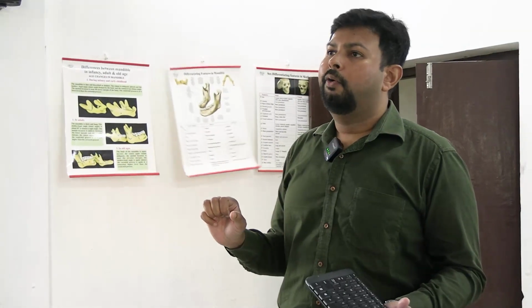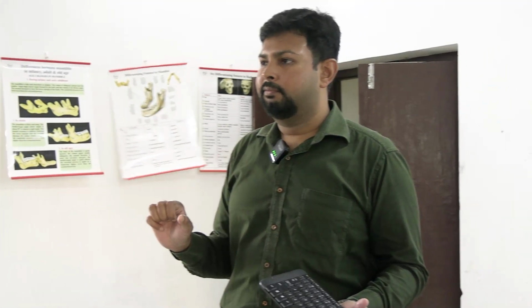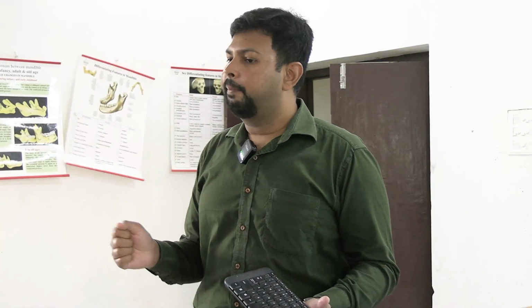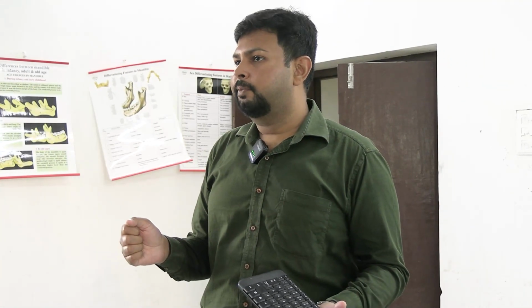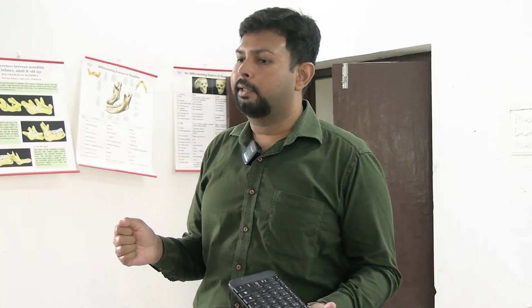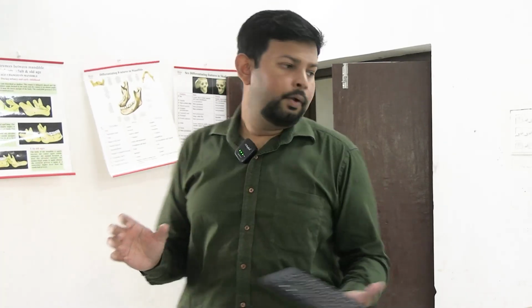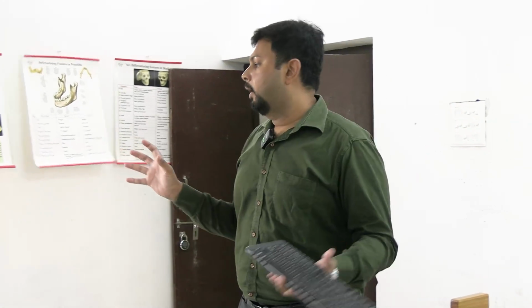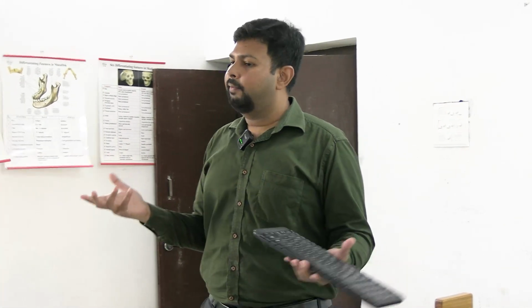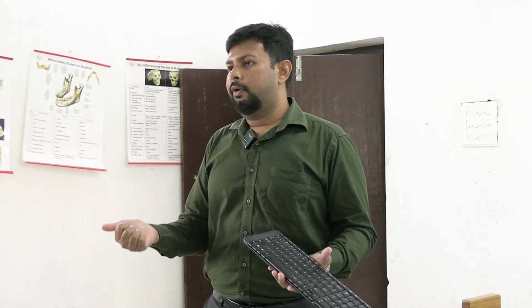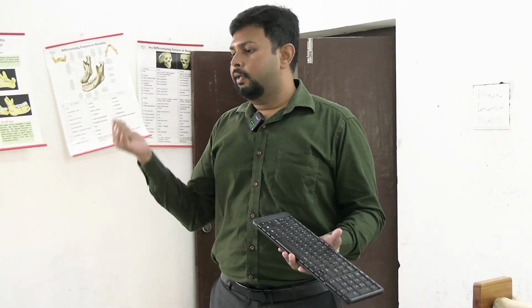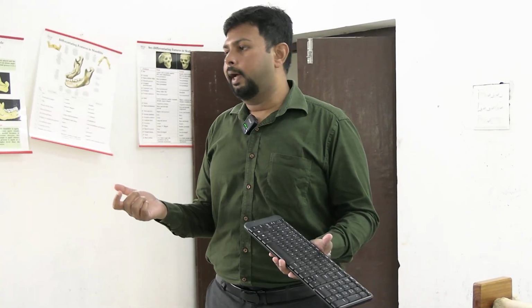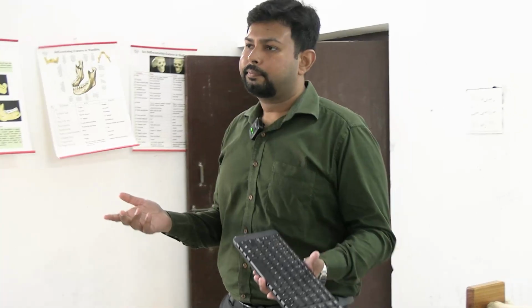Normally in practical there will be around 5 to 6 specimens, each having 10 marks. One table will have a bone, another a weapon, like a hammer, knife or chopper, and you have to write about it.